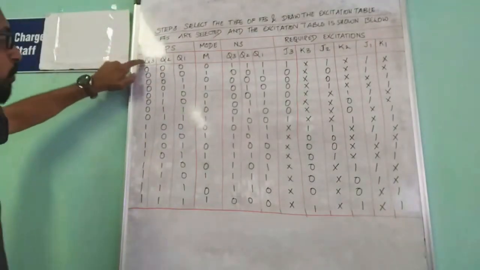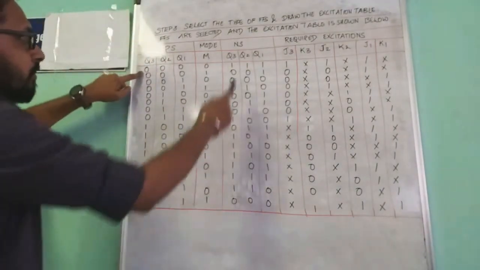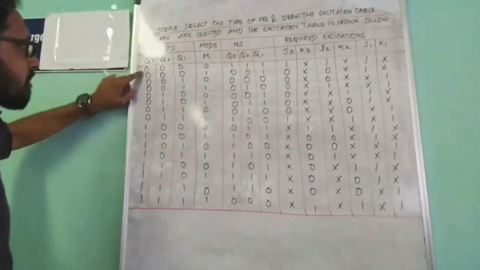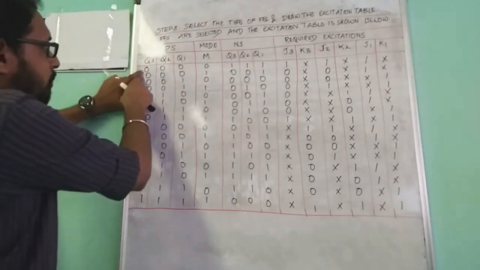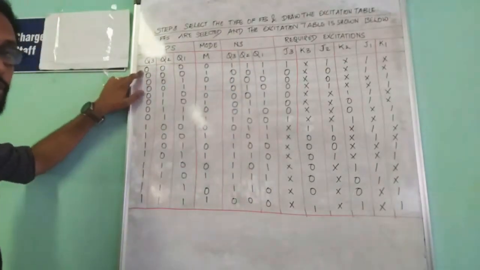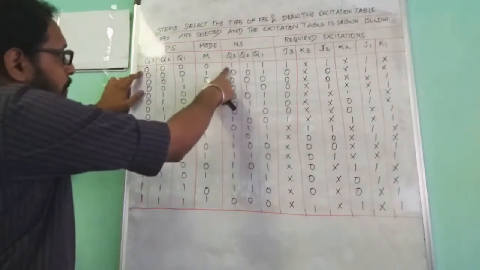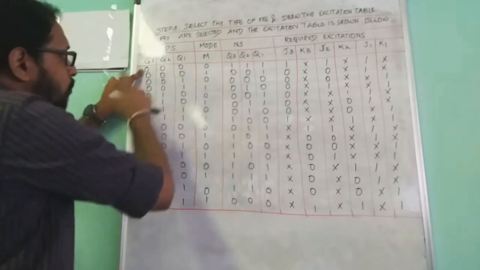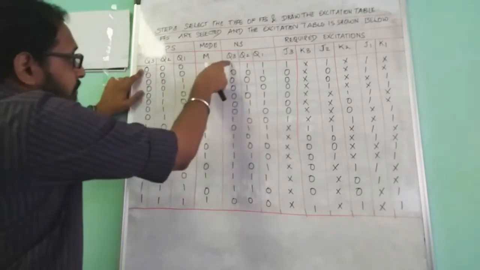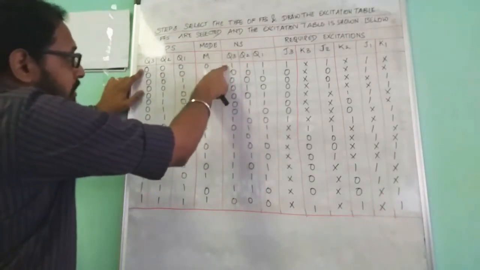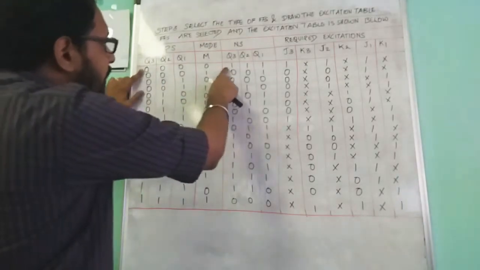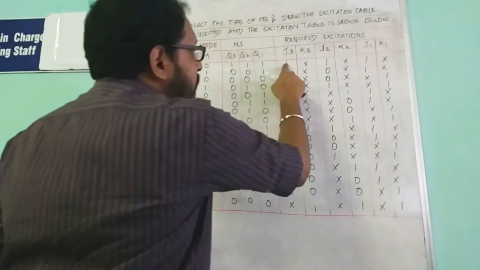Q3 in the present state, Q3 in the next state. 0 and 1 is the answer, right? When the value of Q3 is 0 in the present state and the value of Q3 is 1 in the next state, the excitation values are 1x. We need to write 1x here.